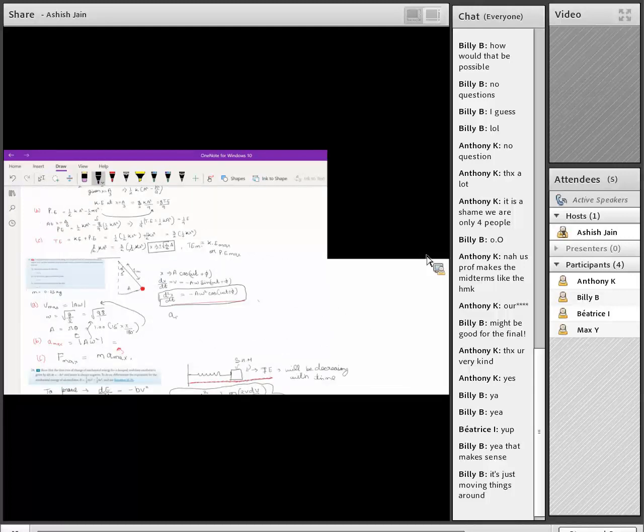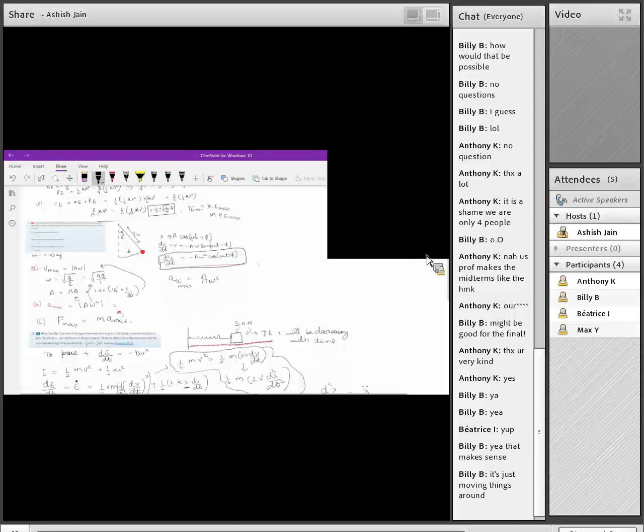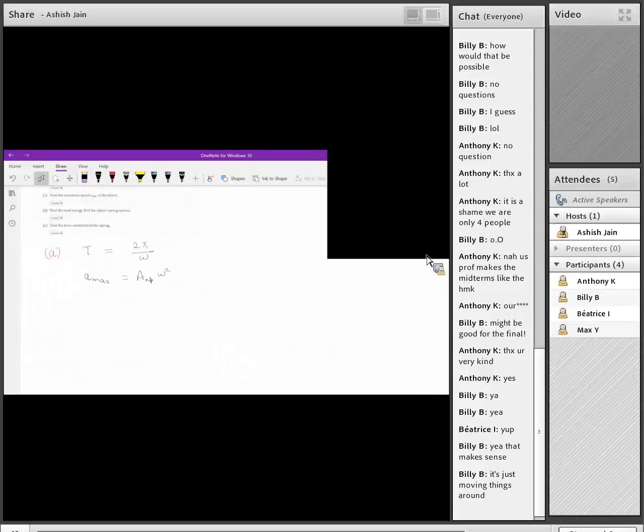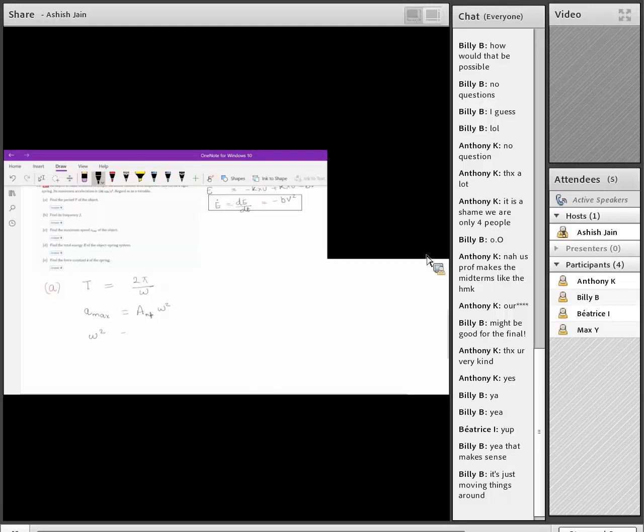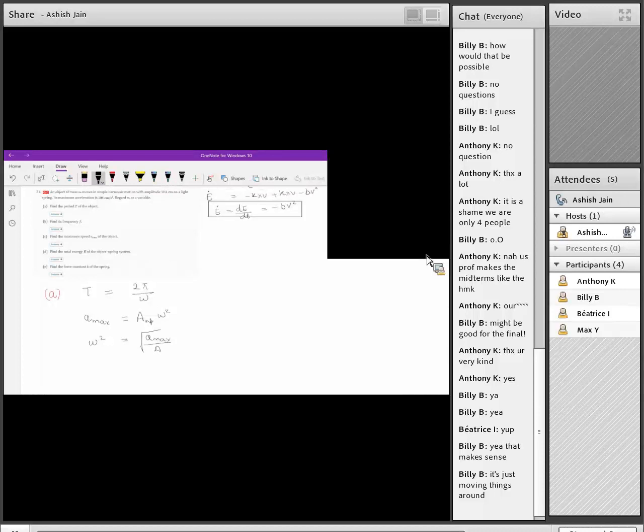So acceleration max is A omega square, right? So a max equals A omega square. From here you can find omega square as a max by amplitude, or I'll just root it.